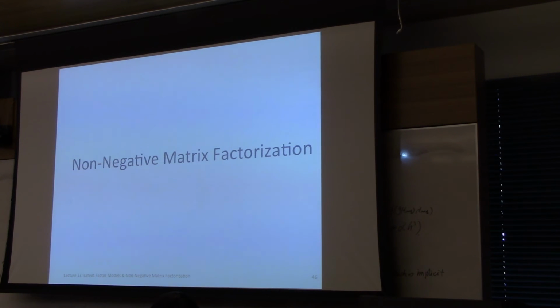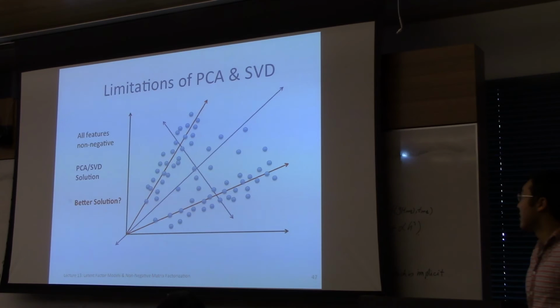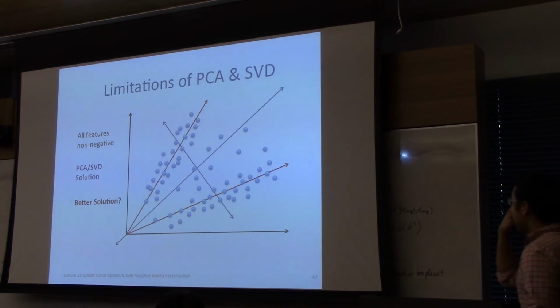Okay, so the second topic, much shorter, is non-negative matrix factorization. Going back to the SVD and PCA, if we look at this data set, by construction in this toy example, all the data points are in the positive orthant of the raw feature representation, which is, by the way, also true for the eigenfaces data, since all the pixels are non-negative.